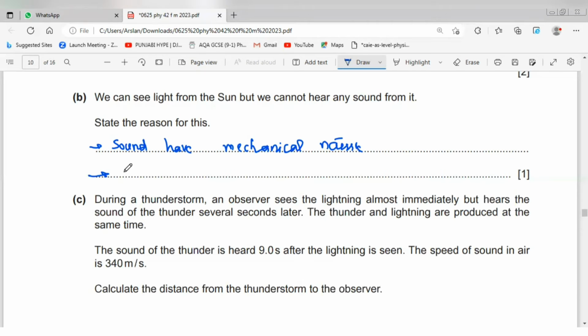Sound cannot travel through vacuum. That's why we cannot hear sound from the sun.